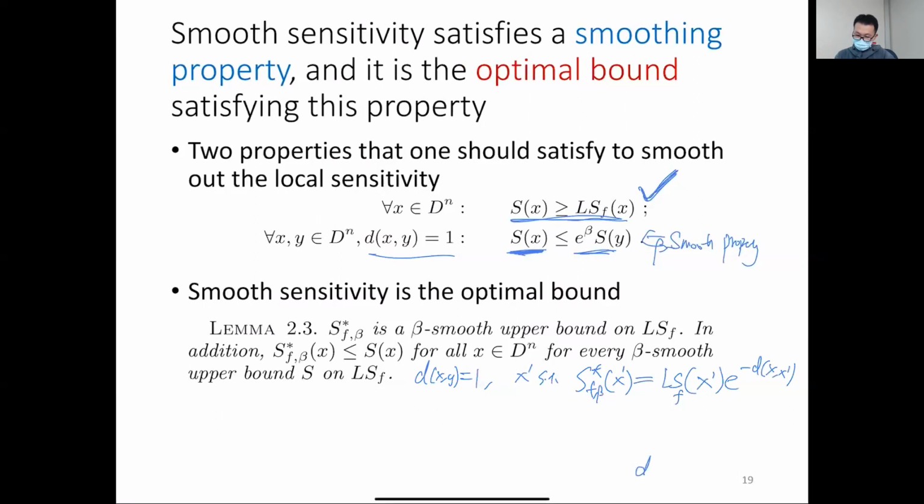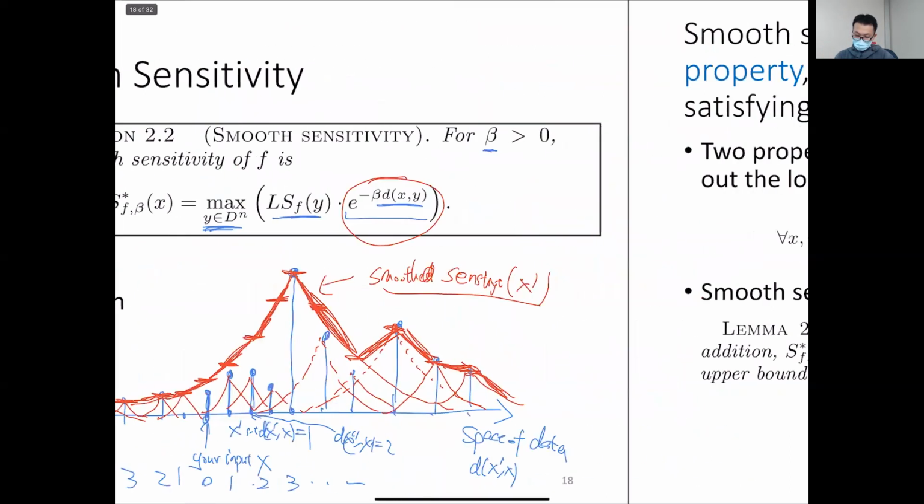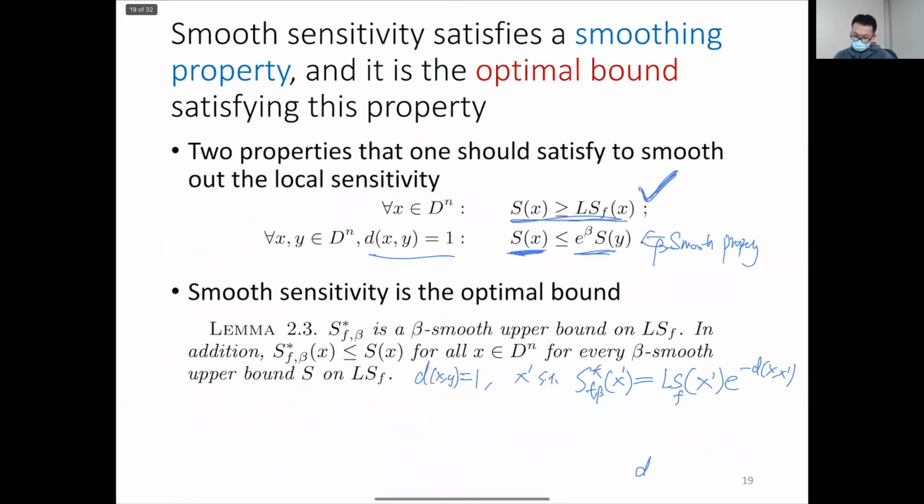Okay, let's see. This is okay. So I think this should be the smooth sensitivity of x is equal to, sure.